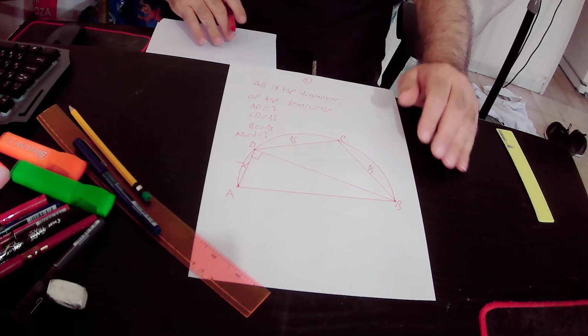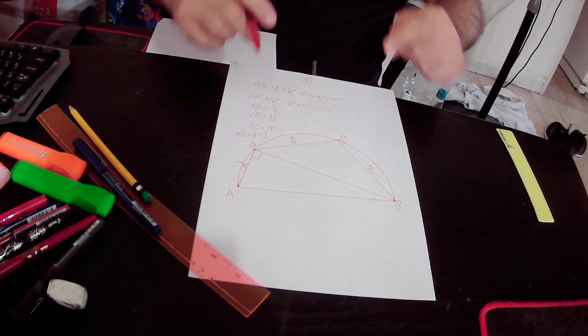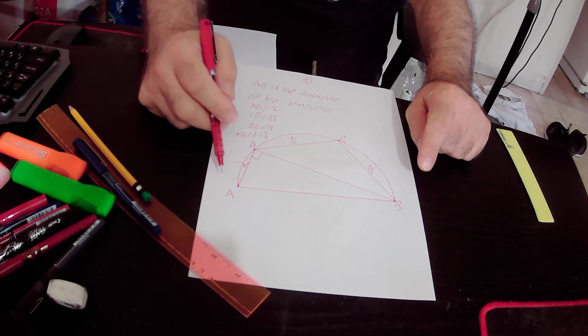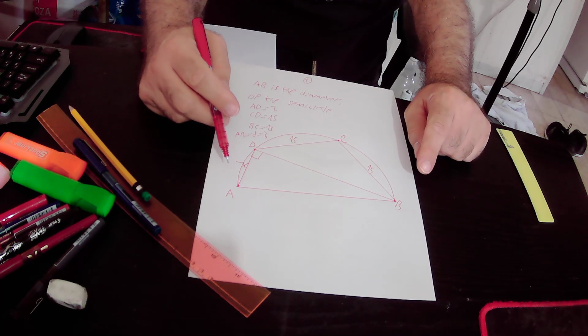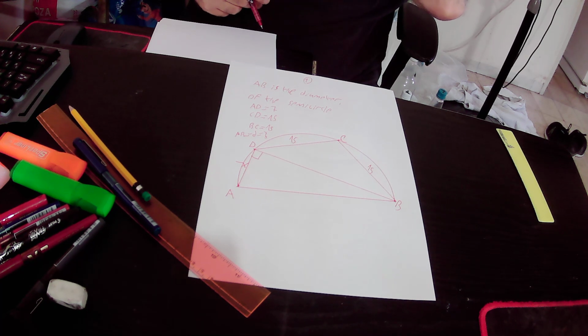According to rule number 1, that states that peripheral angle that rests on the diameter of a circle is equal to 90 degrees. So again I will write rule number 1.